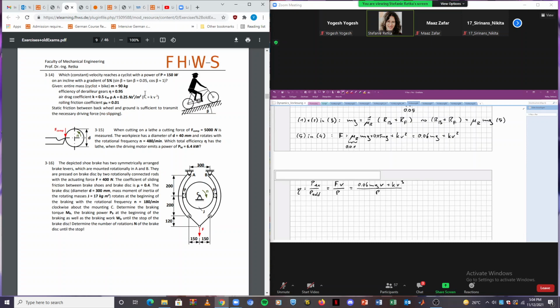Okay, now let's rearrange the equation. Then we have eta times P, efficiency times power, is equal to 0.06 mg times velocity plus k times velocity to the power of 3.